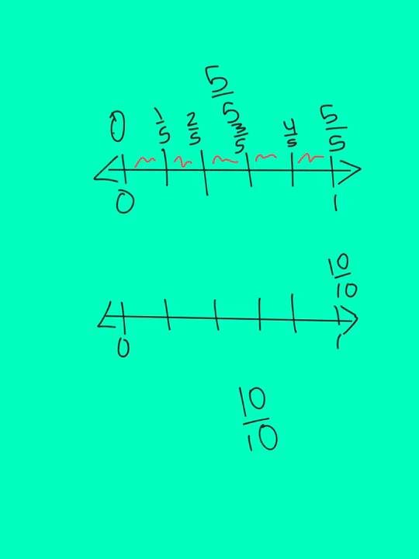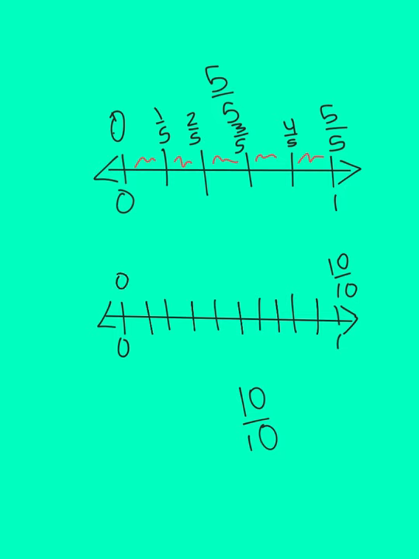Because we had 5 sections up here on top, and we're going to need to have 10 sections down here on the bottom. So that means I'm going to split my 5 sections that I already had in half again to make 10. I hope that makes sense. So I'm just going to split each one in half again. And that way I'm going to end up having 10 sections, hopefully, if I did that correctly.